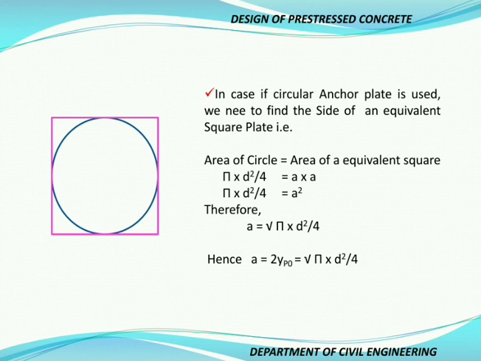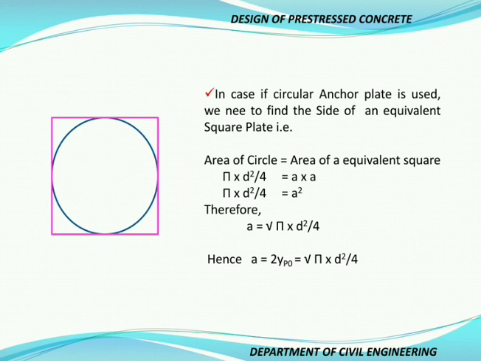This can be done as follows. In case of a circular anchor plate, we need to find the side of an equivalent square plate, that is, area of a circle is equal to area of the equivalent square. Area of a circle is pi d square by 4, which we equate to the area of an equivalent square. Let us assume that the side of the square is A. Therefore, the area of the square will be A into A. Therefore, pi d square by 4 is equal to A square. Hence, taking the square root, we get A equal to square root of pi d square by 4.